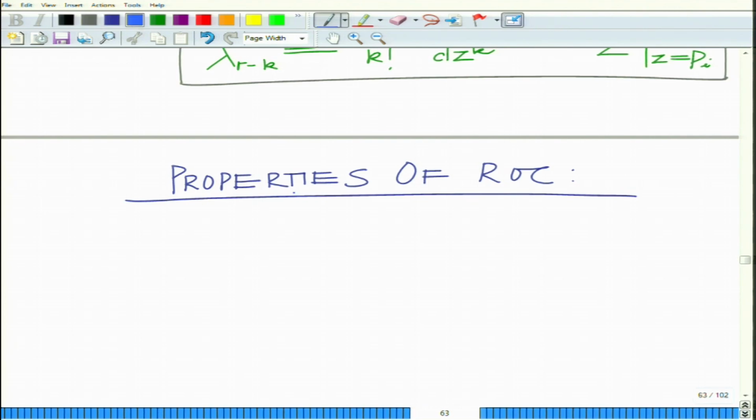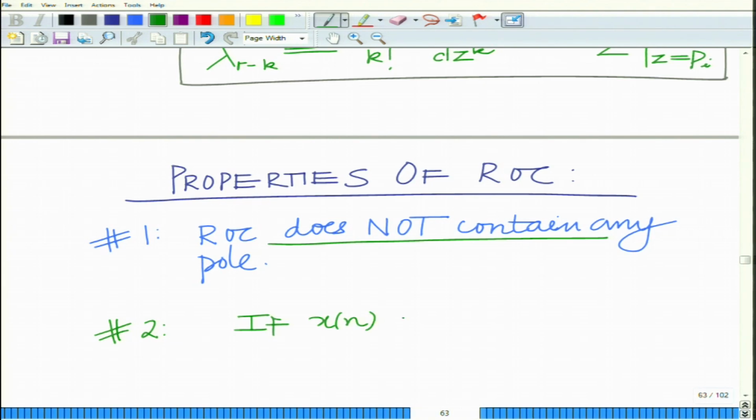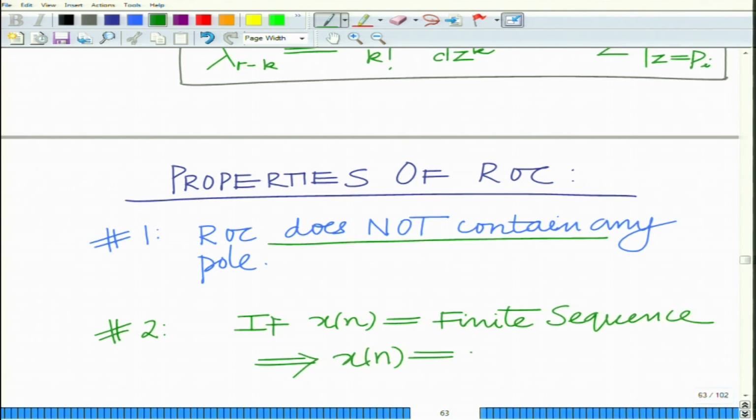The properties of the ROC are as follows. Number 1, ROC does not contain any poles. If x[n] equals a finite sequence, that implies that x[n] equals 0 for either n less than n1 or n greater than n2.